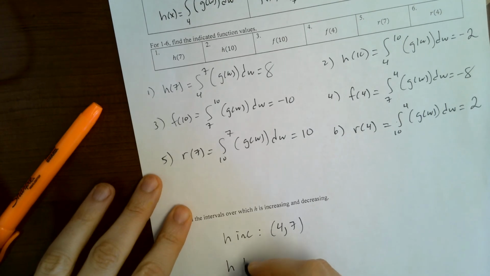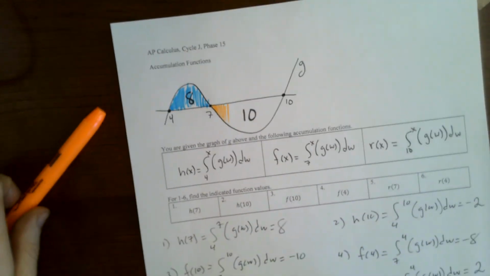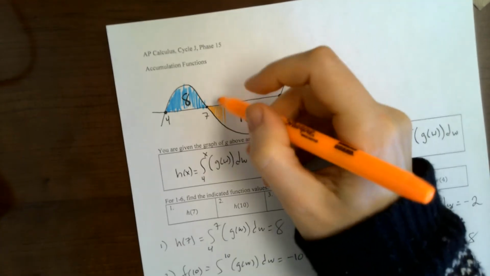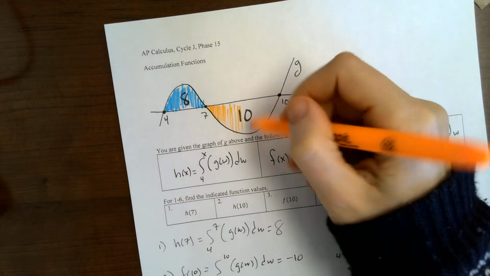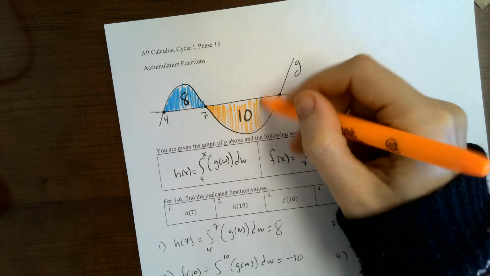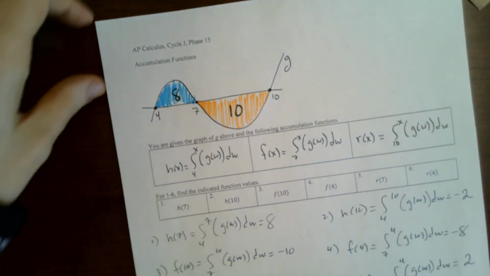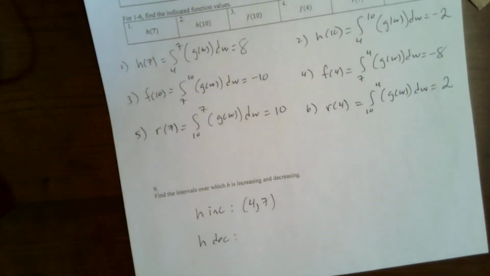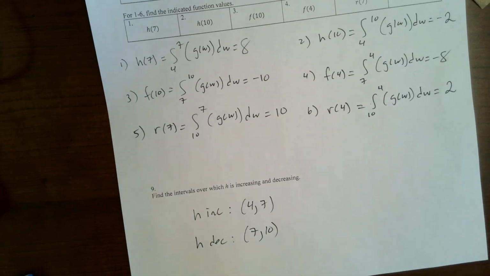But then h starts decreasing at 7. Now we're adding on negative area, more and more negative area. So h is decreasing all the way from 7 to 10, because from 7 to 10 it's accumulating negative area.